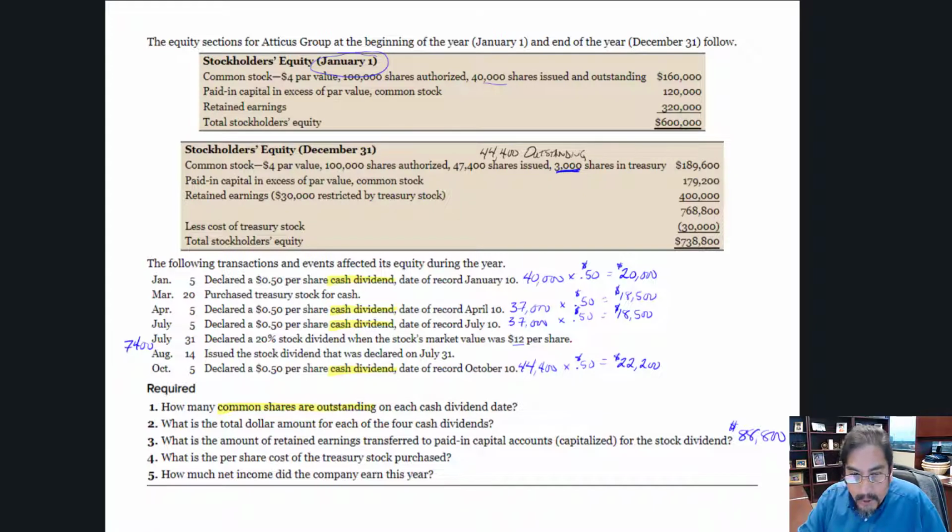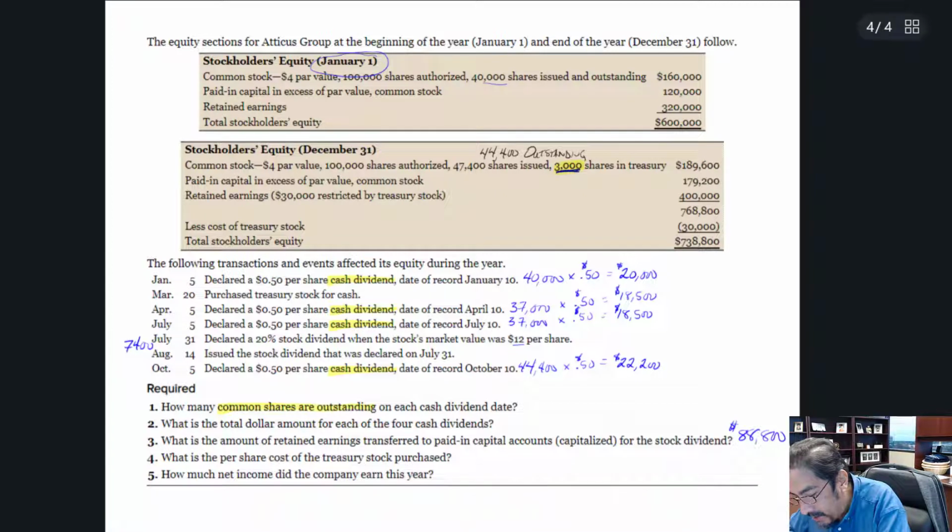What is the per share cost of the treasury stock purchased? So what have we figured out already?